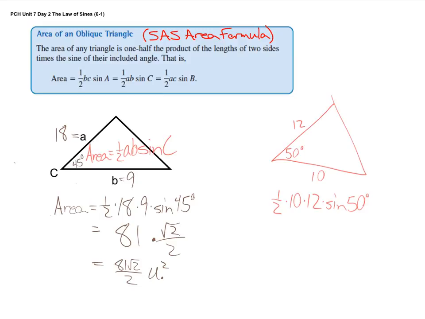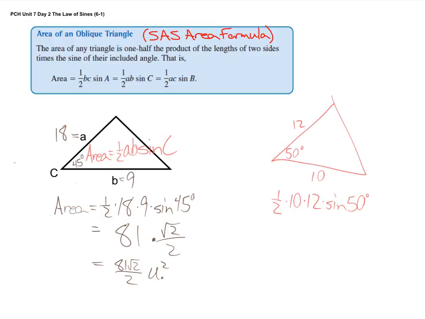Would there be like two possible areas? Because sine is positive in both quadrants. So like the sine of 50 could be one thing, but it also could be another. So would we get two areas? Well, hang on. You only get the two possibilities when you're solving for the angle, when you're doing an inverse sine.